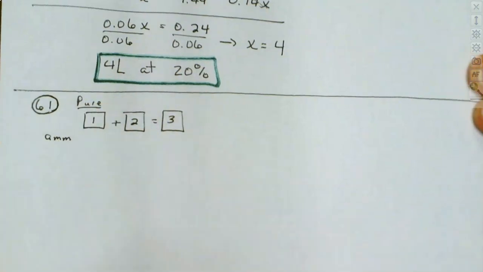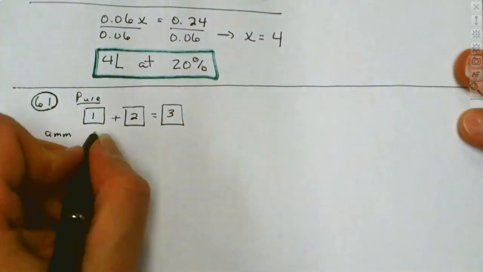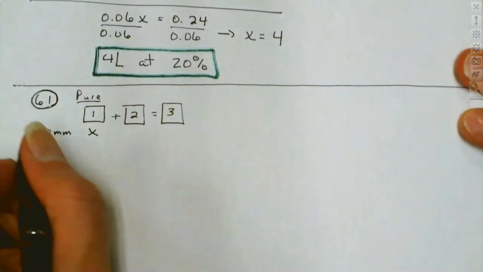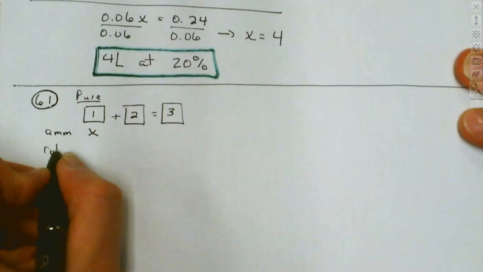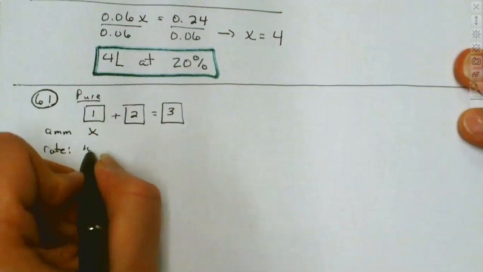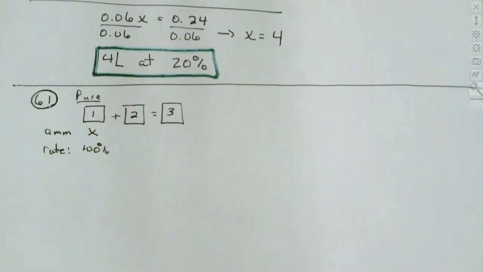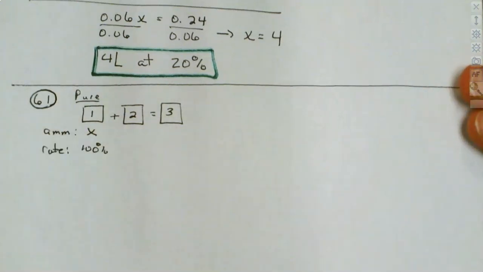And the amount of the pure dye, we don't know, so we're going to use an X. And the percentage rate of pure dye is 100%. Okay? If it was water that we were going to dilute it down with, then it would be 0. But we're looking at pure dye. So it's unknown amount, X, percentage rate 100.